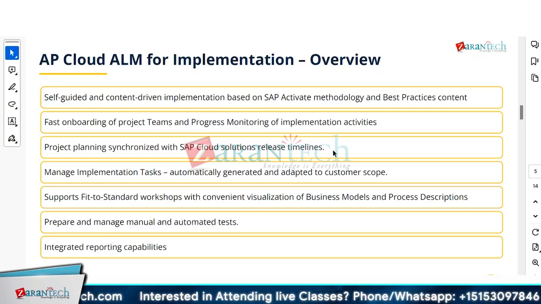So in Cloud ALM, you can create your own process diagrams, process flows, or you can leverage Signavio. But obviously, you would need a separate license for that, right? So either you can use Cloud ALM, or you can buy, or you may already have Signavio. You can create those diagrams there and upload them in Cloud ALM.